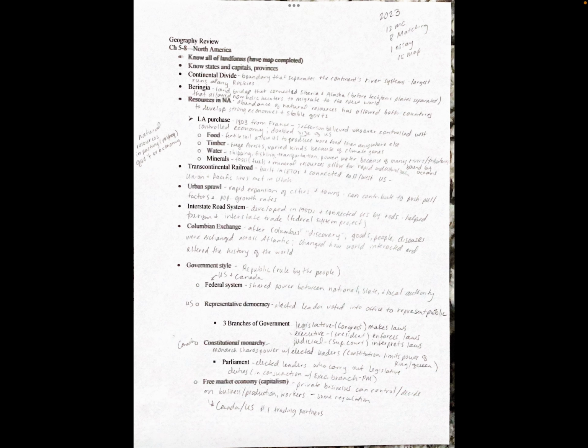And a federal system of government is when there's shared power between the national, state, and local authorities. Just like the interstate road system is a federal system project, but the state controls, let's say, our own interstate in North Dakota, but you could even have local authorities.